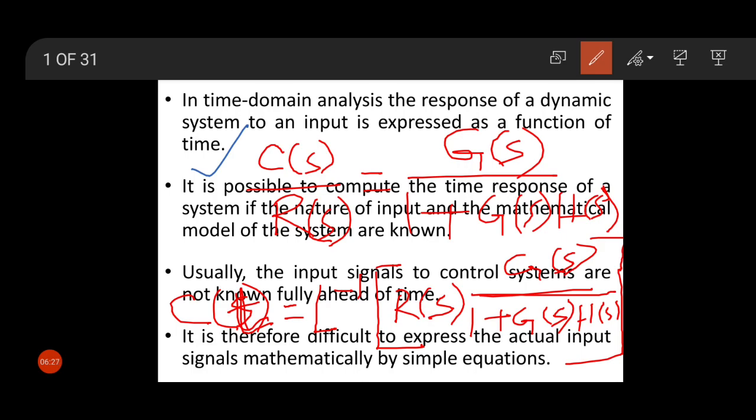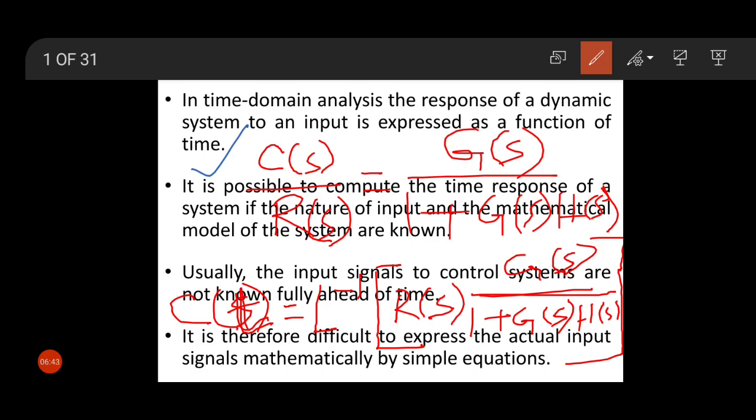So from this, how will we get the time response? Because in time response analysis the output varies with respect to time, we want to get c(t).